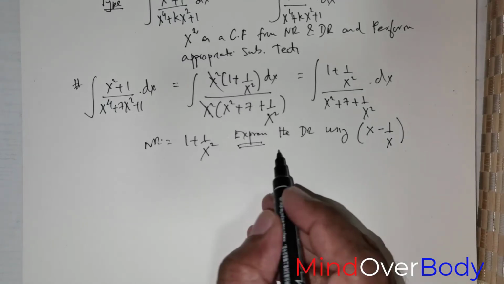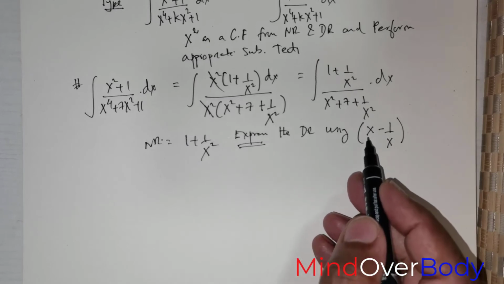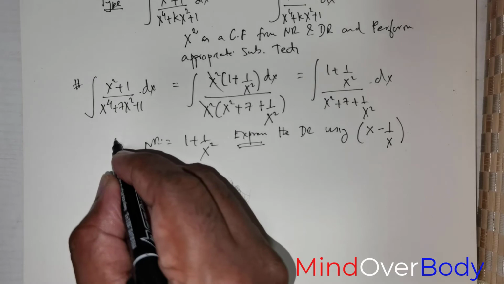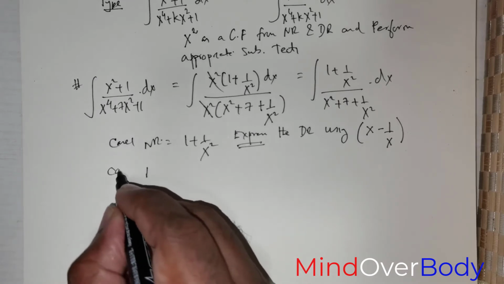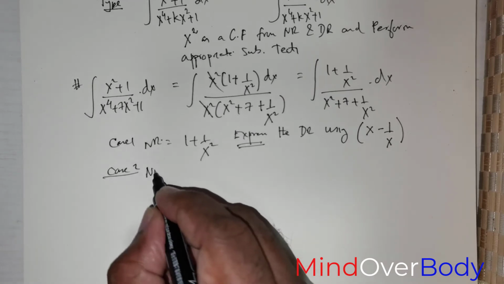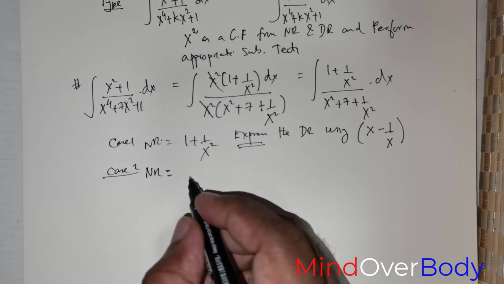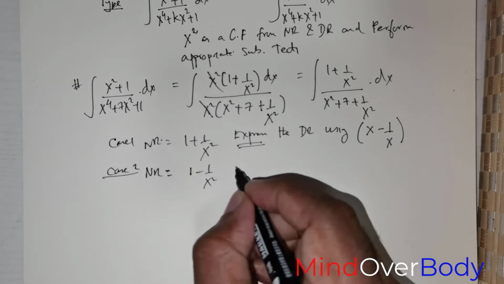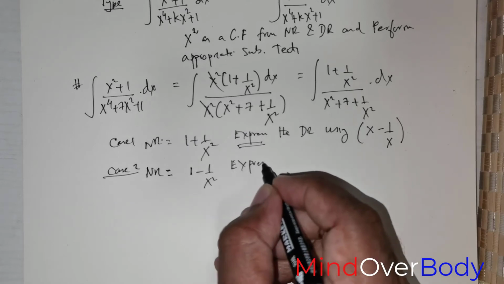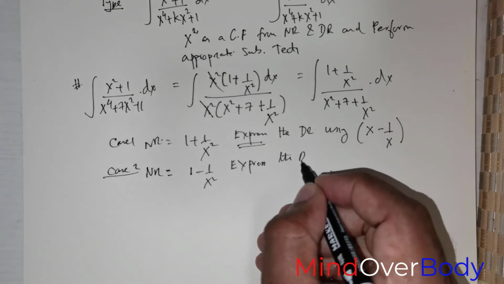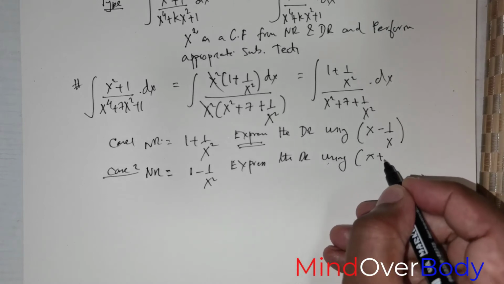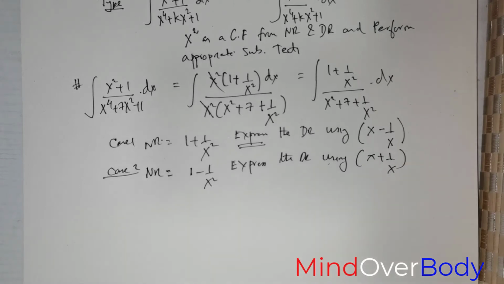So you should express the denominator using x − 1/x. So this is case 1. Now you got case 2. If you have the numerator to be of the form 1 − 1/x², then you should express the denominator using x + 1/x.